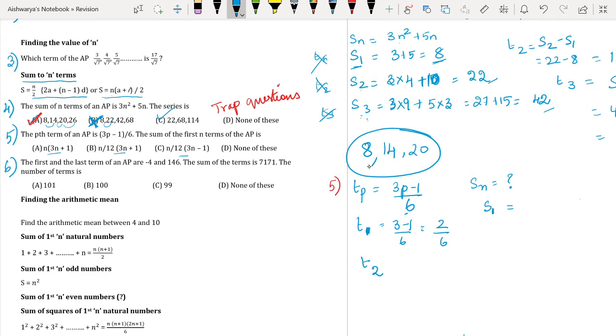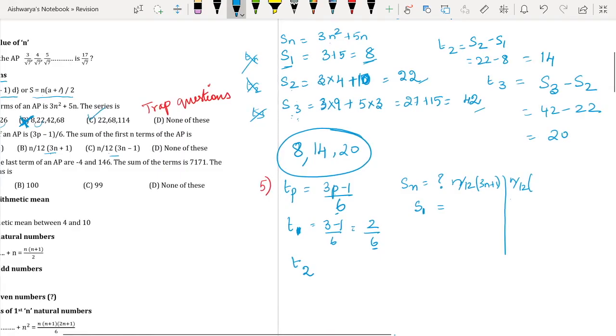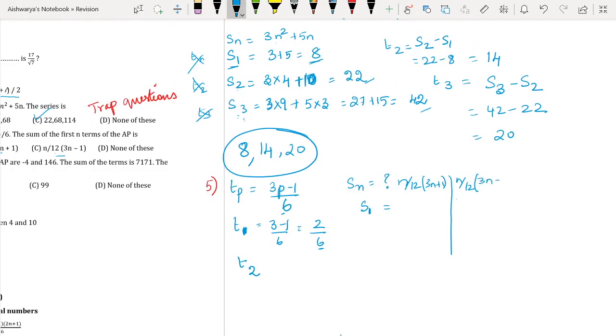I will not try option A because there is no division by 12 there, whereas I need it divided by 6 in this, right? So I will try either option B or option C. Let me try both the options. Let me write n/12 into (3n + 1), and here let me write n/12 into (3n - 1).